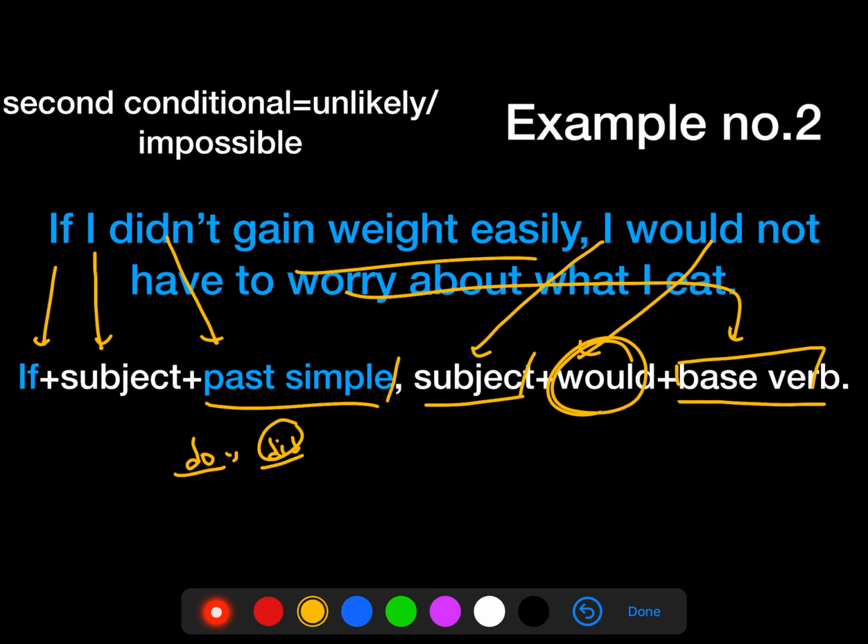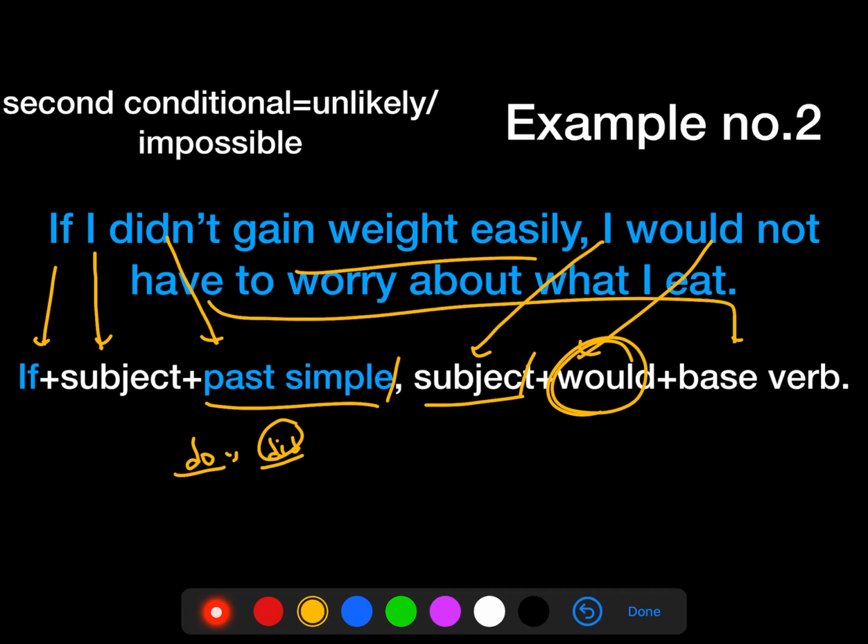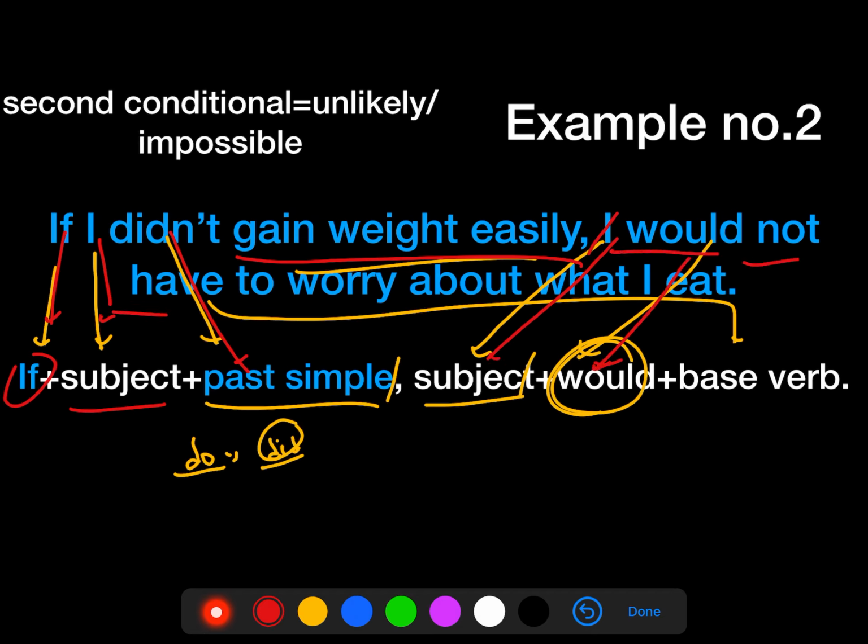That's the base verb. So this is the base verb. So if I did not gain weight easily, I would not have to worry about what I eat. So base verb here.